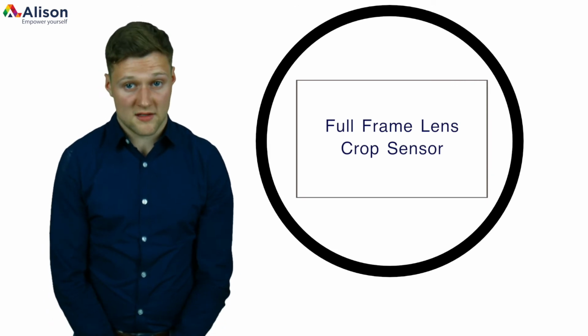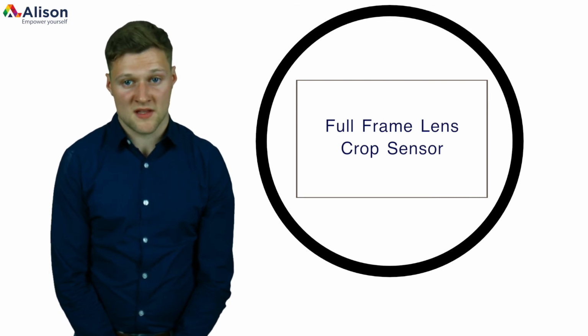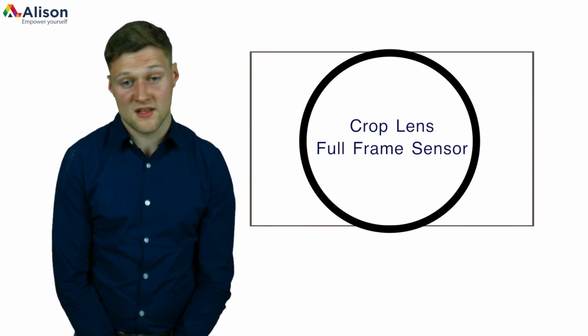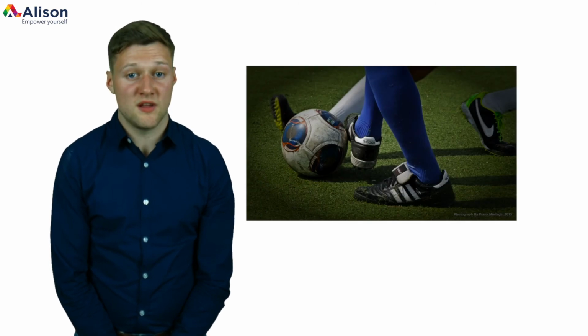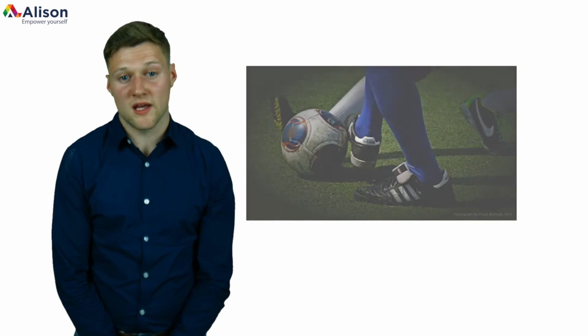But on the other hand, if you were to put a crop lens on a full frame sensor, the image circle would be too small to cover the entire sensor. And as a result, you would get a blackened vignette edge around your image. This is why crop lenses do not work with full frame sensors.